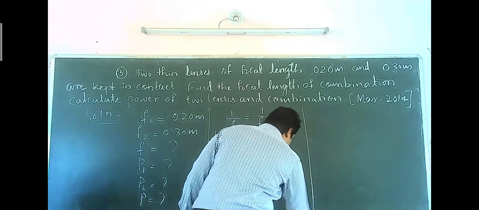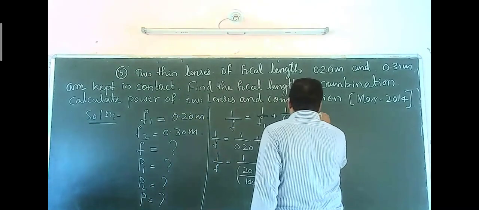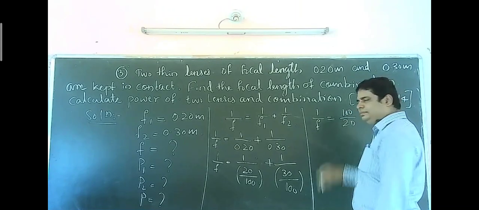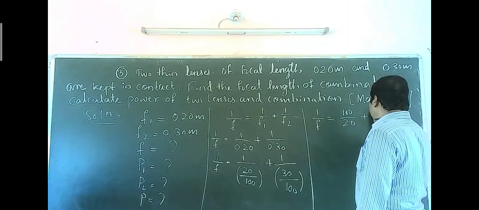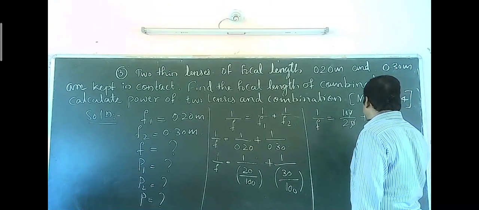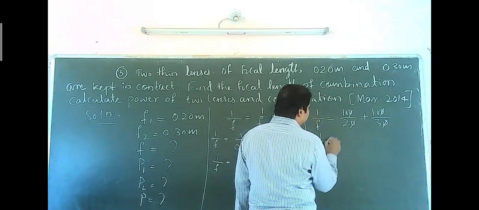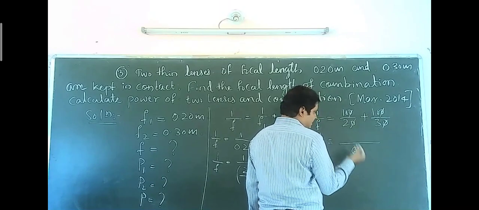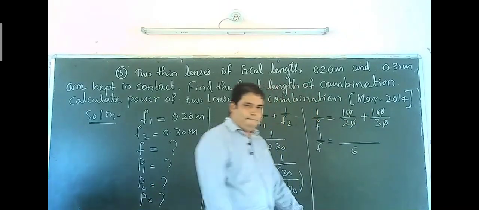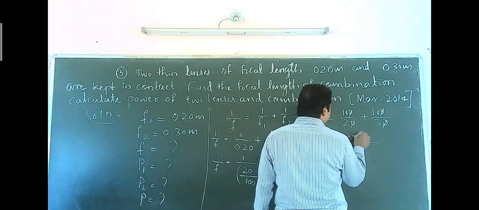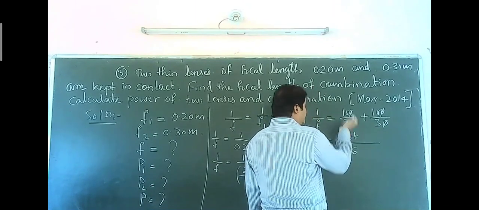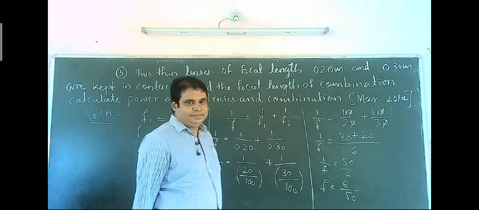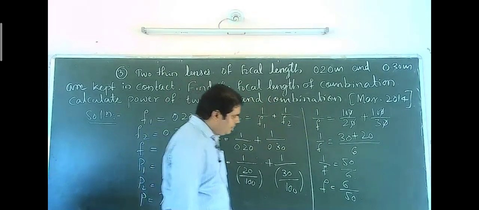Next, 1 by f is equal to this 100 by 20, it will appear in the numerator, plus 100 by 30. 1 by f is equal to, this is 6. 3 2s are 6, this is 2, this is 3. 2 3s are 30, 3 2s are 20. Plus 6 by 3, or 3 by 25.